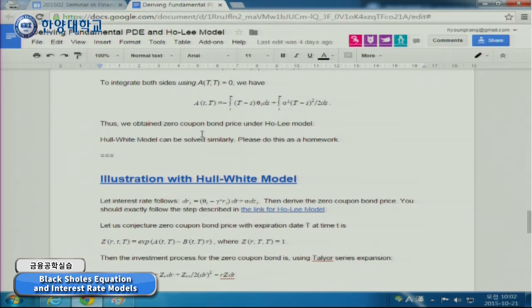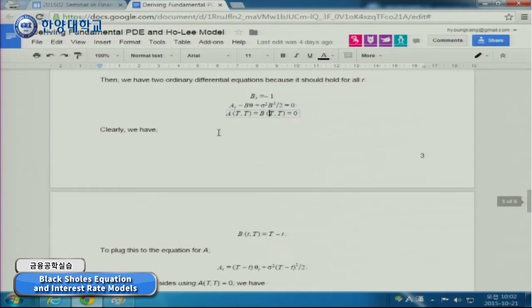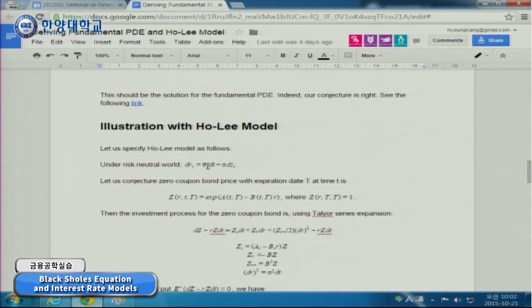Actually, we know sigma, so we can find the theta for all time periods. For bonds with different maturities, we can find a different theta in the Ho-Lee model. So for each bond maturity, we have a different theta. We can perfectly match the Ho-Lee model. So once we can find the theta and sigma, then we can simulate interest rates.